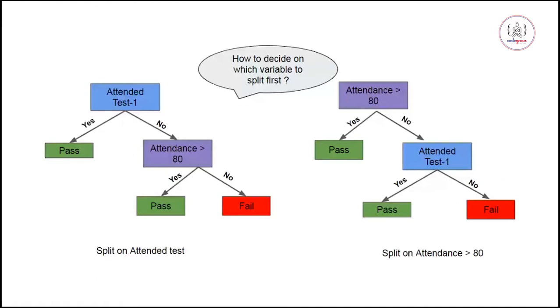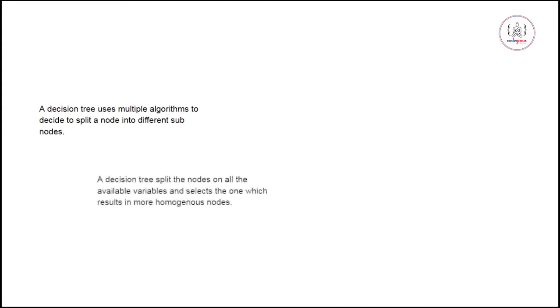So let's move forward. A decision tree uses multiple algorithms to decide how to split a node into different subnodes. A decision tree splits the nodes on all the available variables and selects the one which results in more homogeneous nodes.